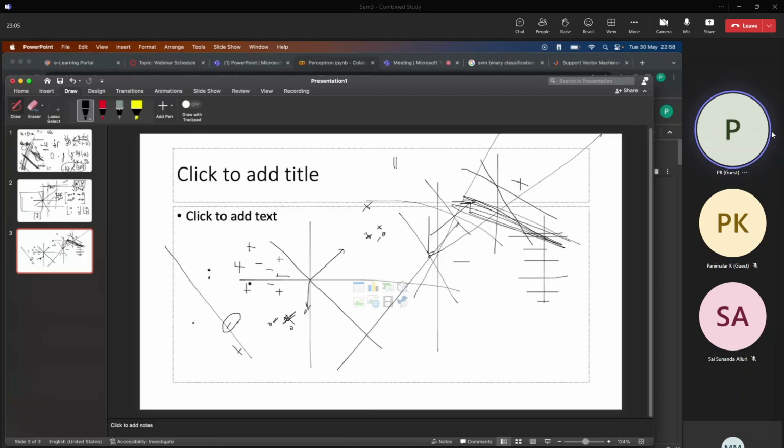You must have seen this kind of data set somewhere, right? Plus points around, making a shell, and negative points within the shell. So this is not linearly separable. If you make a hyperplane here, it will be 50% accurate only. Half of the data is obviously there, and half of the data is here, right? So this is not linearly separable, and it's not a very good example to work with a perceptron.